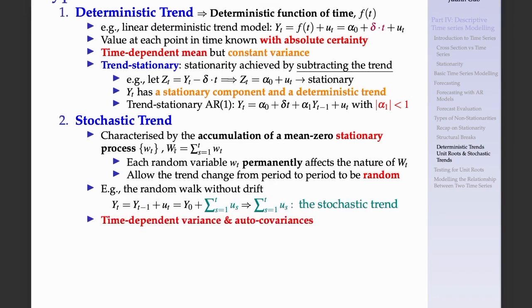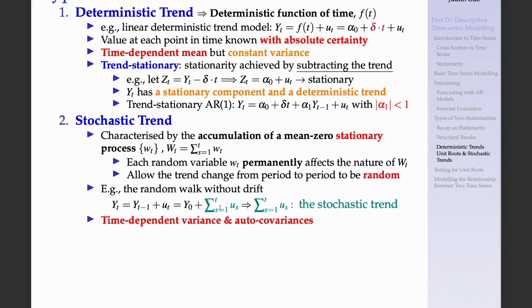So a very typical example of a model with stochastic trend is the random walk without drift. Remember, we can write the random walk model, where we have the AR1 without the intercept and the autoregressive coefficient alpha 1 being 1. This could be written as the sum of all the shocks starting from time 1 up to time t. Okay?